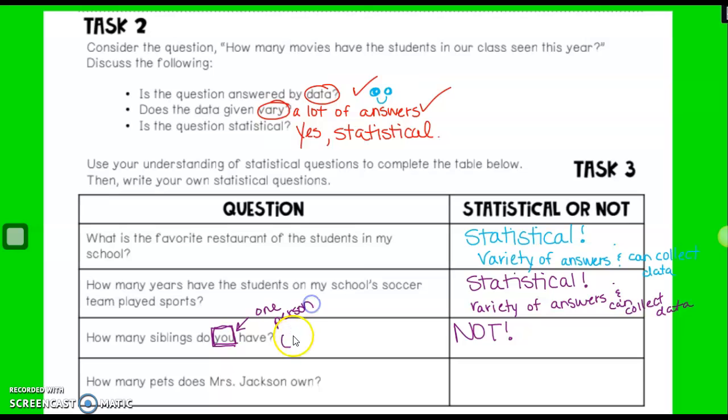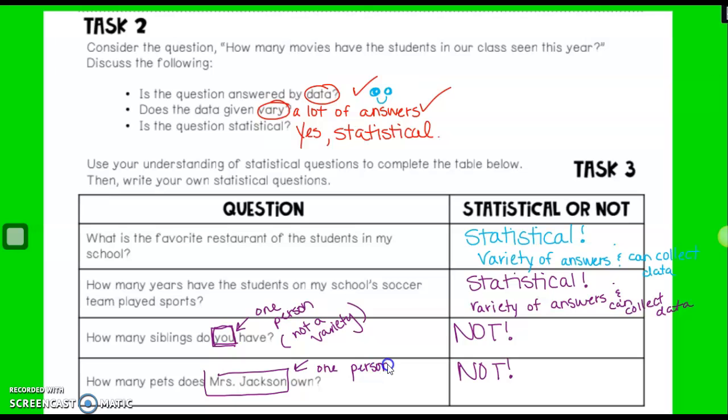That's not a variety. All right. Then, how many pets does Mrs. Jackson own? So, can you collect data from it? Yeah, you can get an answer. Is the data going to vary? No. So this is not statistical. Mrs. Jackson is one person. It is not statistical.